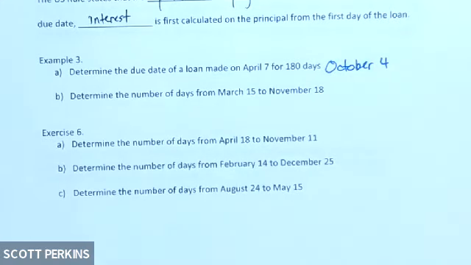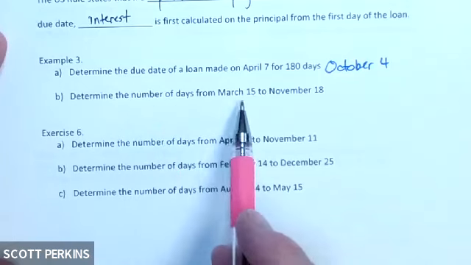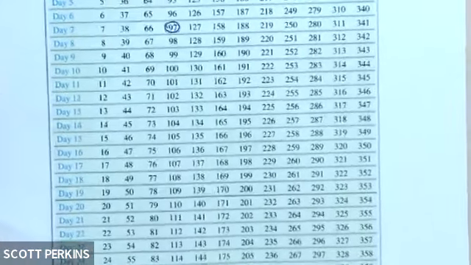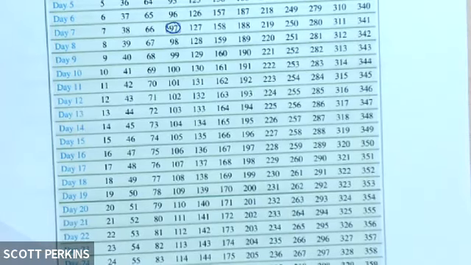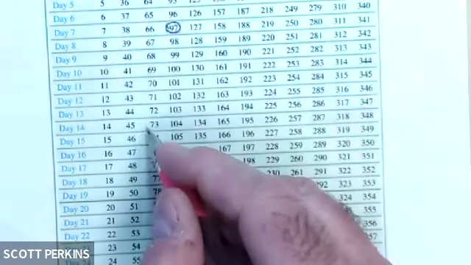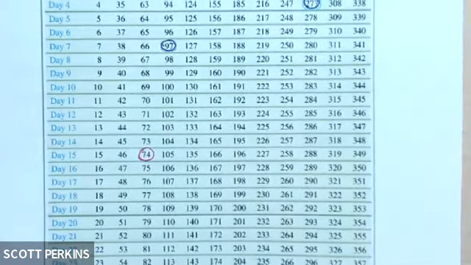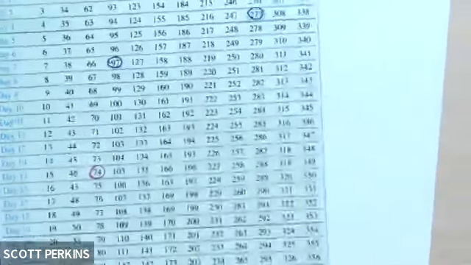The other way to use the chart, it's very similar. It's not really any different. I want to know the number of days from March 15th to November 18th. So here we go. I'm first going to, it doesn't matter what, March 15th. So the 15th day of March is the 74th day of the year. I'm circling that. And then my short-term memory has already failed me.